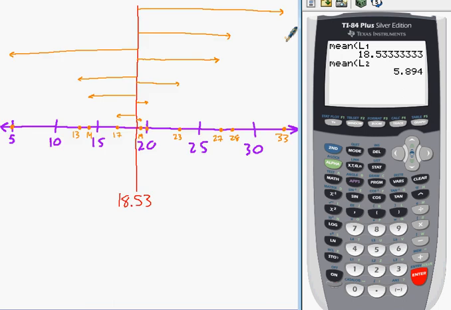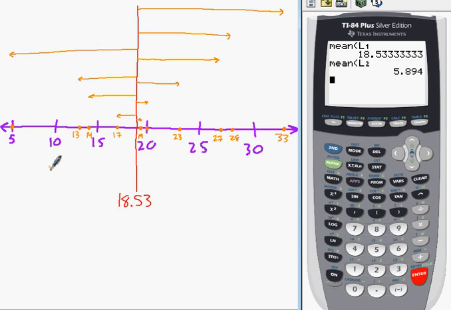So here I'm starting back more or less at the beginning. I have my number line with my data points. I have my mean split in the middle. I've indicated all the deviations. But now when we talk about standard deviation, we're going to be calculating these deviations a little differently.